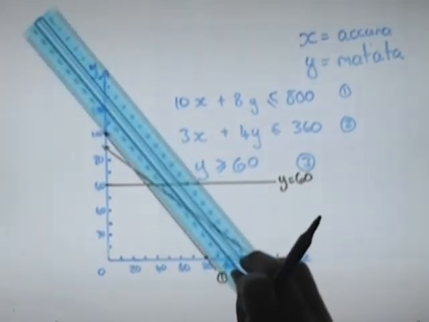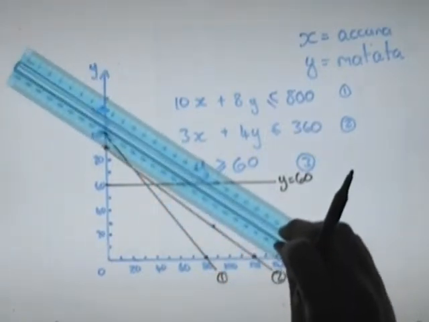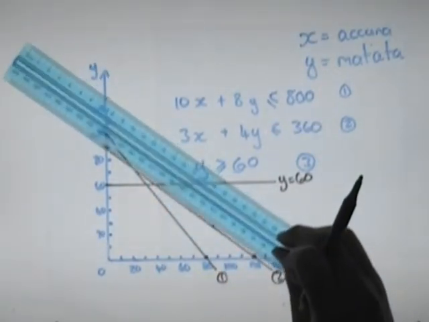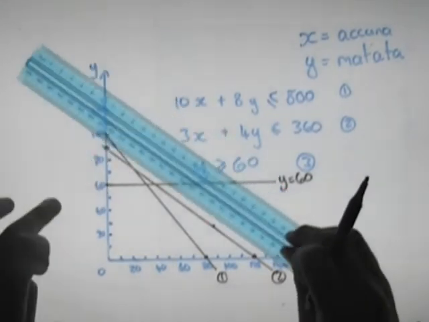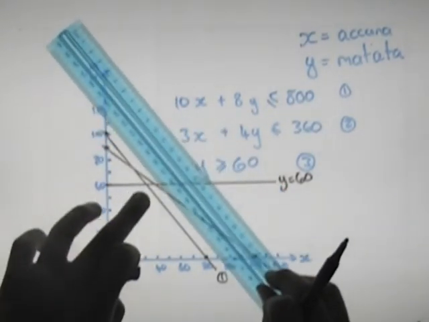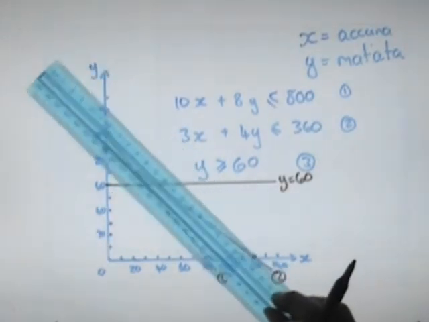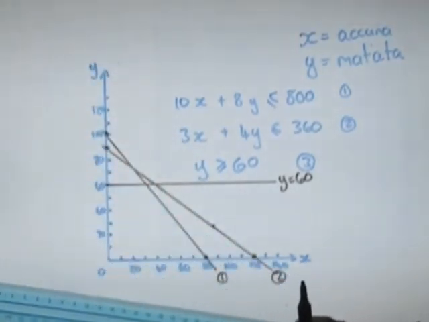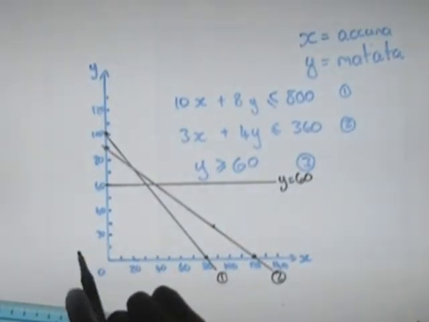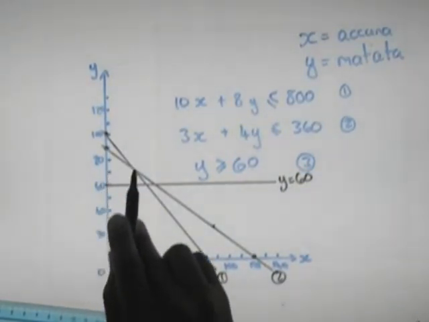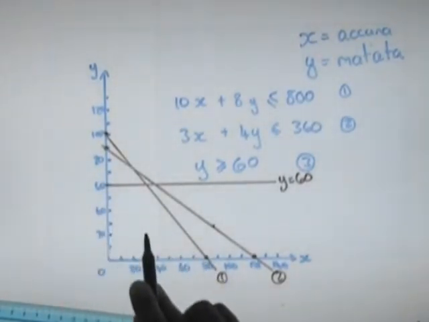So it's underneath that one, and it's underneath that one, which rules out that top piece because that's above that graph, and it rules out that little piece because again that is above the graph. And that means that we are either working in this piece over here or this piece over here.